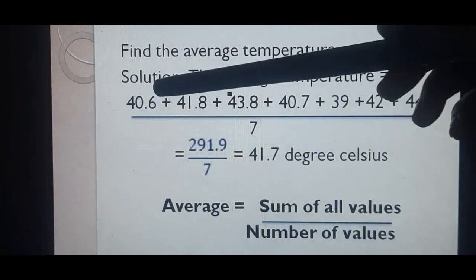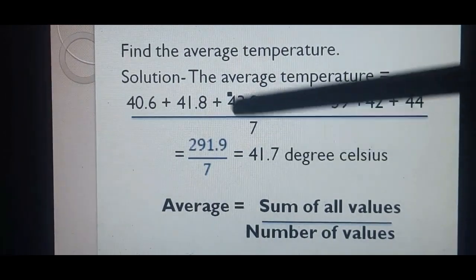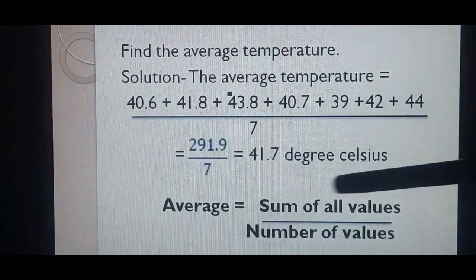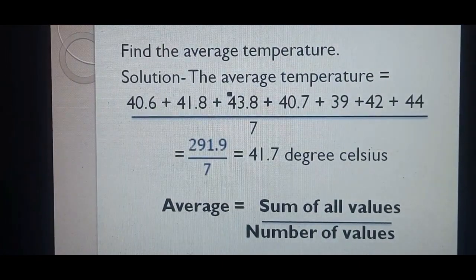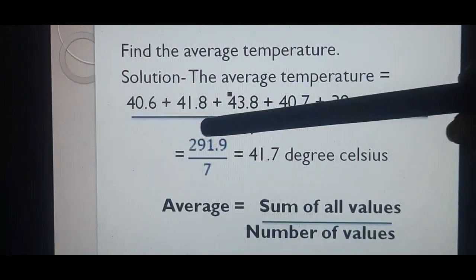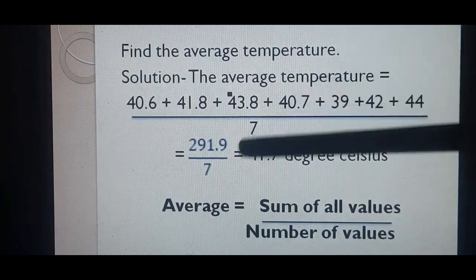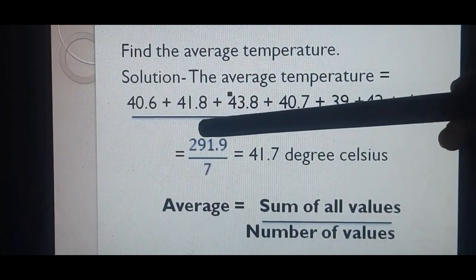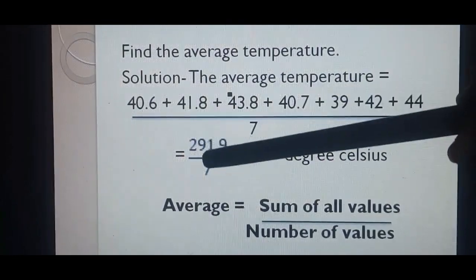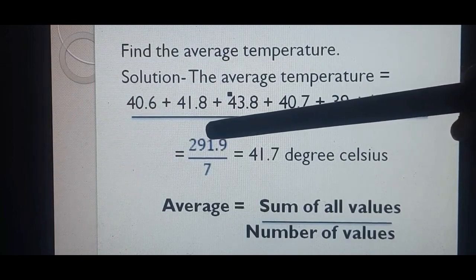Beta, if you are writing here degree Celsius, that is well and good. And if you are not writing here, then at last with the answer, it is mandatory to write it down. Okay. After adding, you will get 291.9 upon 7. Now do division. 7 4s are 28. Now 1 will be left here. 1 will be remainder and 1 next digit we will take.